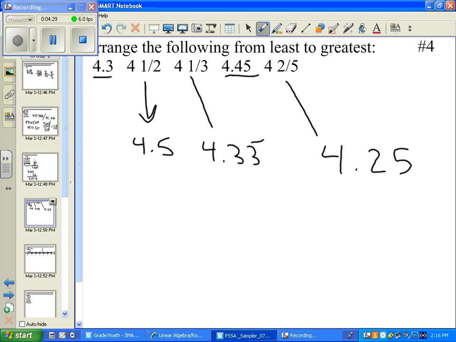Now I think it's pretty simple. You can see that this will be ranked as number 1, 4.5. This will be ranked as number 2. This one will come in at number 3.